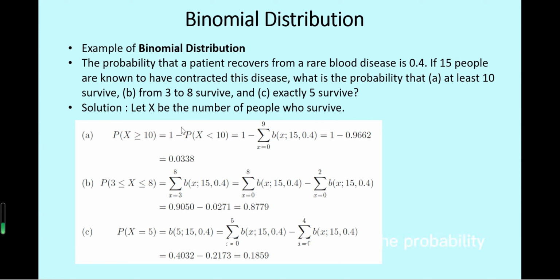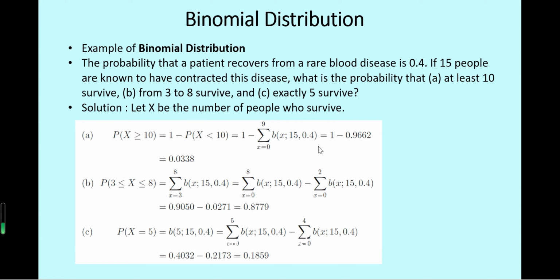So for question A, we will calculate the probability of x larger than or equal to 10, which equals 1 minus P(x less than 10). We note that when we calculate the binomial distribution, usually we will find a probability table called the binomial distribution table. From this table, we can very easily find the cumulative sums for different values of x with their probabilities.